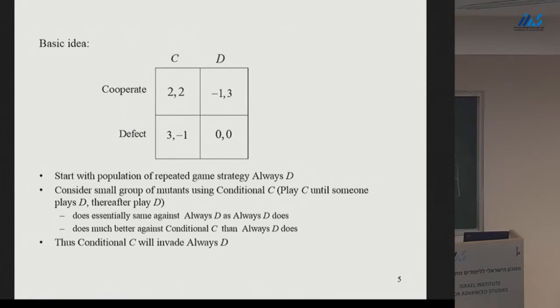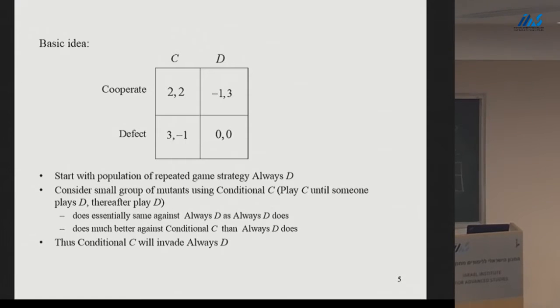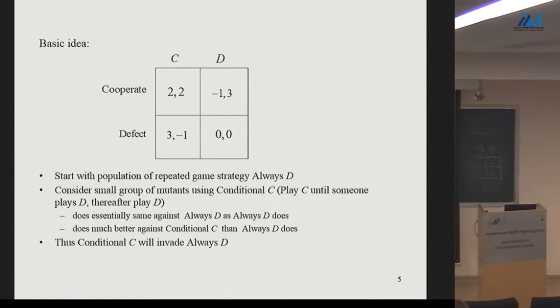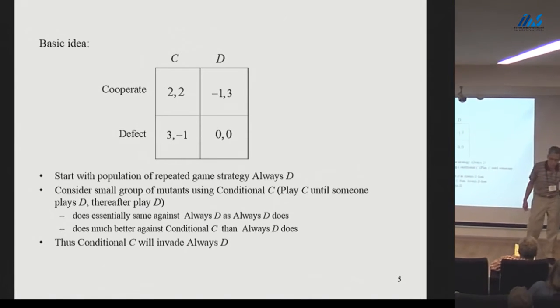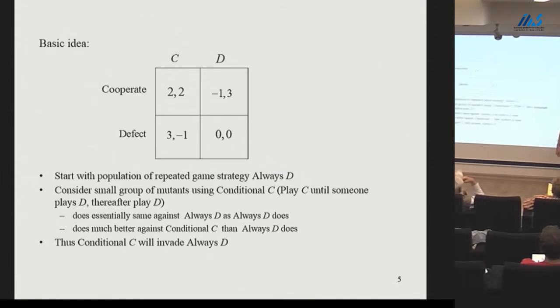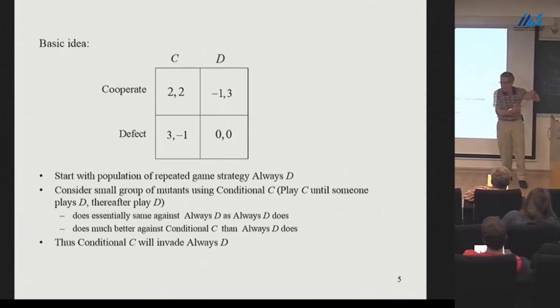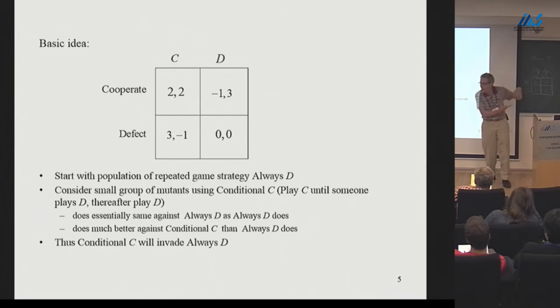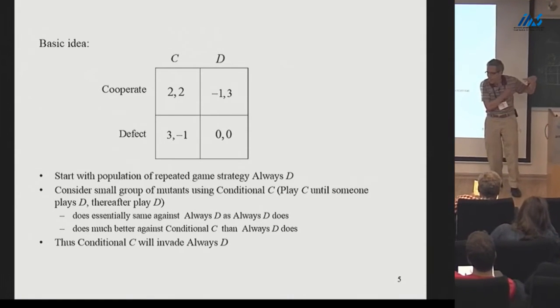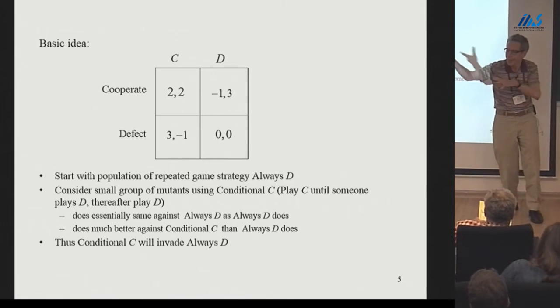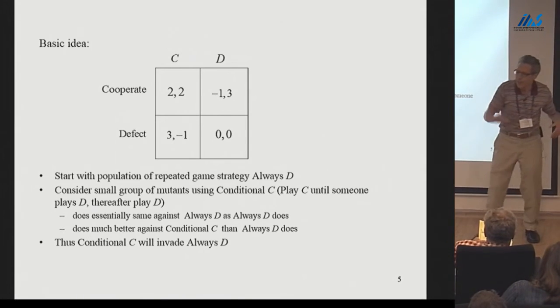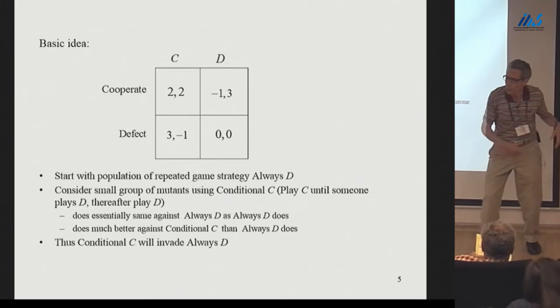You need a group, yeah. One mutant will not be enough. So the way this sometimes happens in biology is that there's an isolated group on some islands. Somehow the island gets connected to the mainland. The mutants come in.